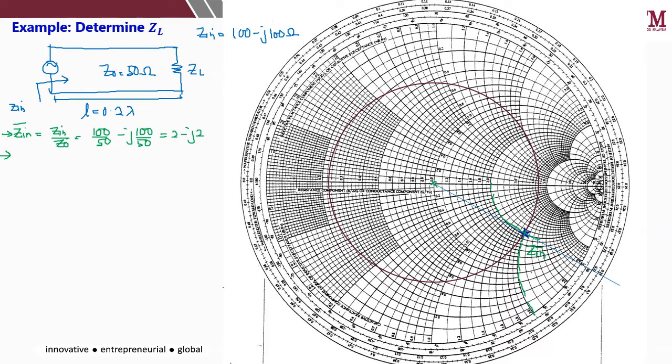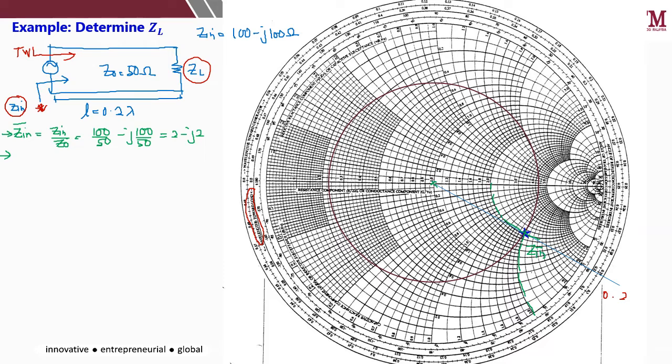So at this point, you're now from here, at this point it is 0.2. Okay, when you are now at the Zin, you want to find the ZL, so you are looking at Zin towards the load, right? So from the Smith chart, you need to refer to wavelength towards the load.